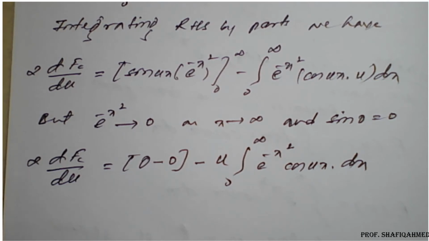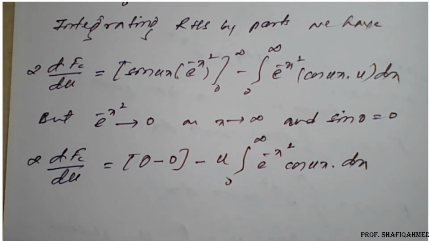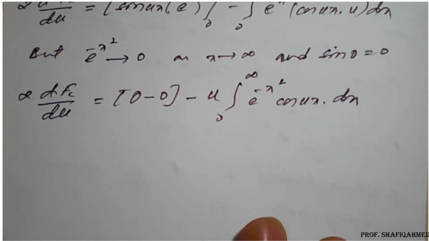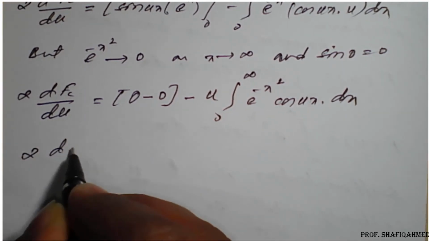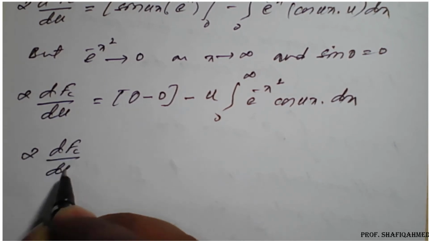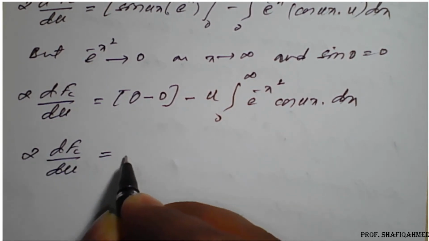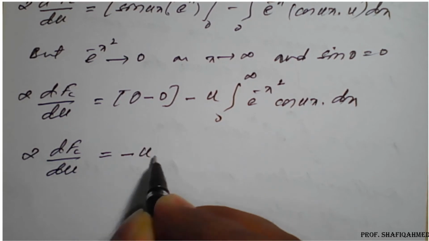So therefore, 2 dfc upon du is equal to minus u.